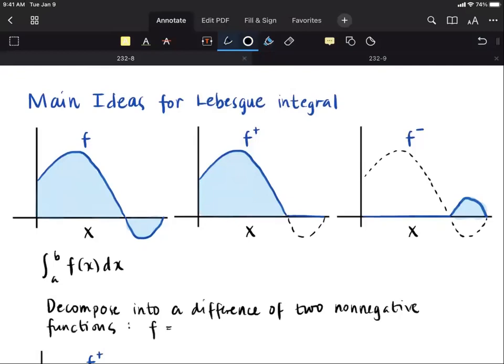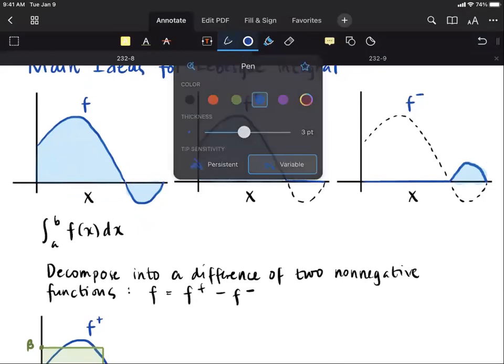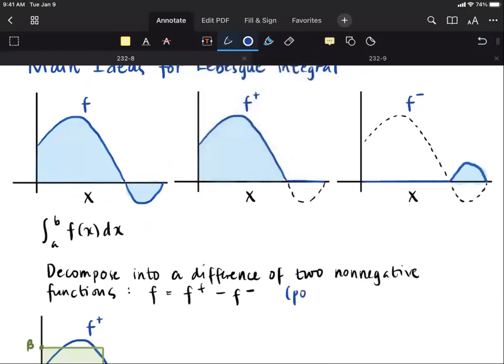That would be f plus minus f minus. These are called the positive and negative parts of f, respectively.